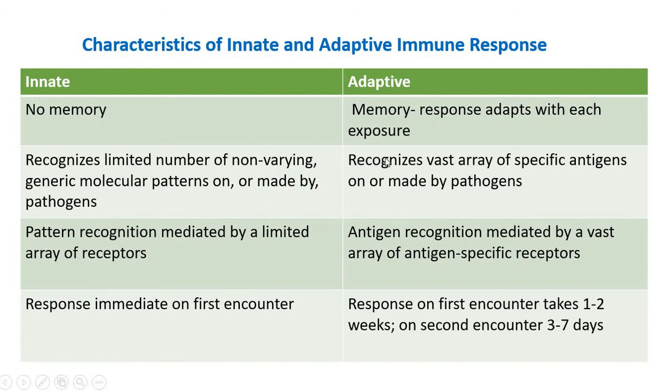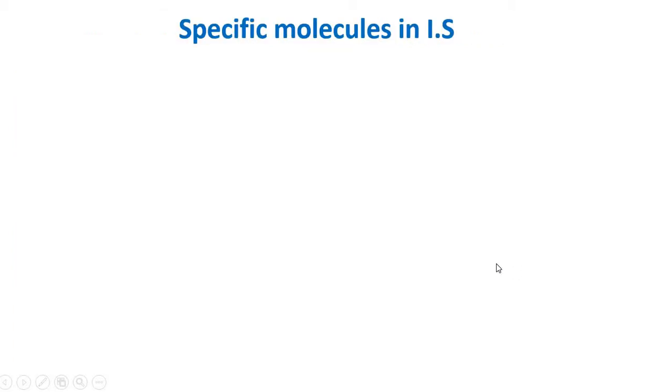But in the adaptive immune system, it takes 1 to 2 weeks after the first encounter for a response to pathogens. And if the same pathogen is encountered again, it takes 3 to 7 days to respond.